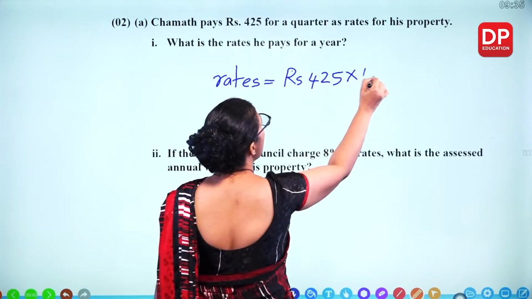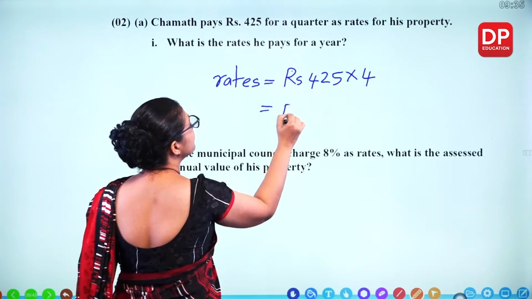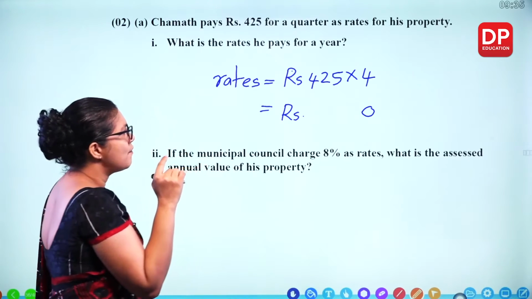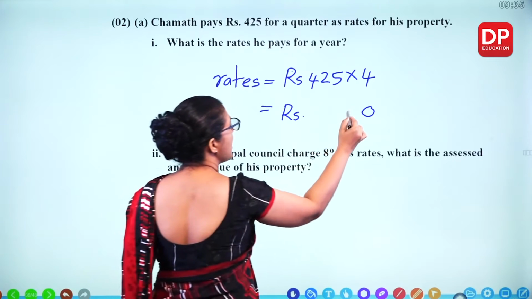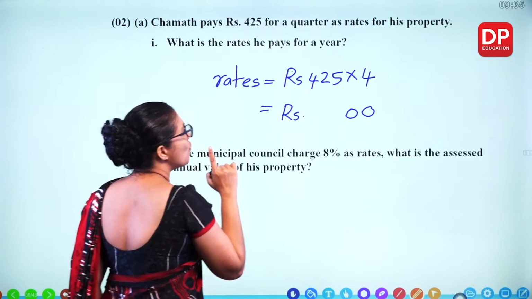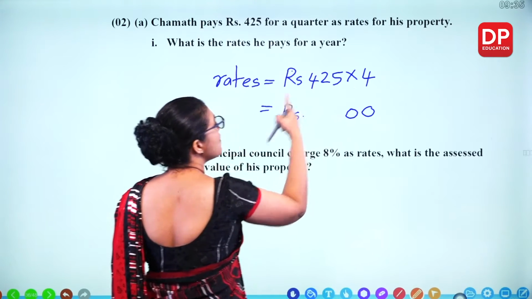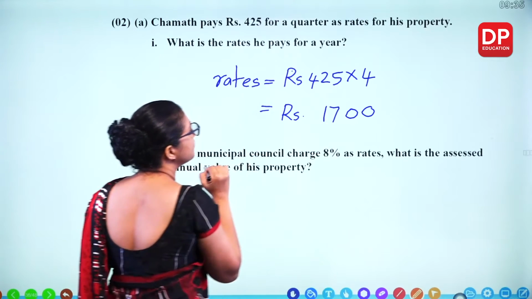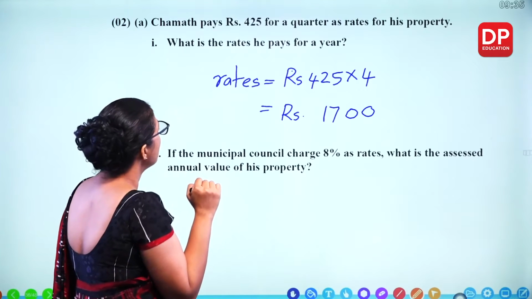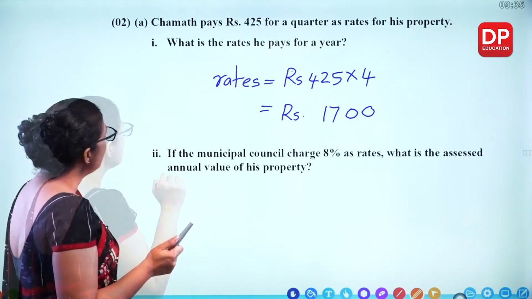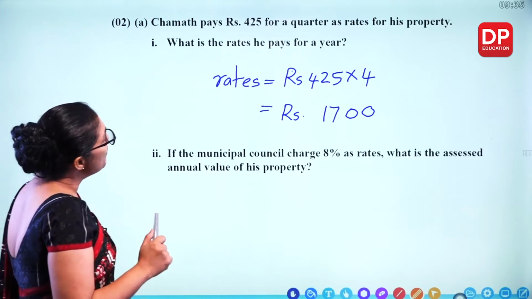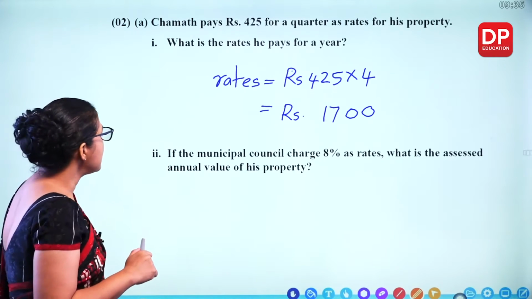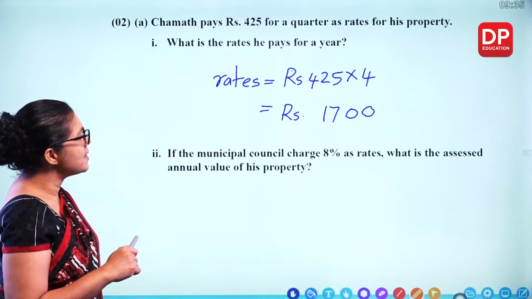425 multiplied by 4. 4 times 5, 20. 4 times 2, 8 plus 2, 10. And 4 times 4, 16 plus 1, 17. So 1,700 rupees. Second part, if the municipal council charges 8% as rates, what is the assessed annual value of his property?